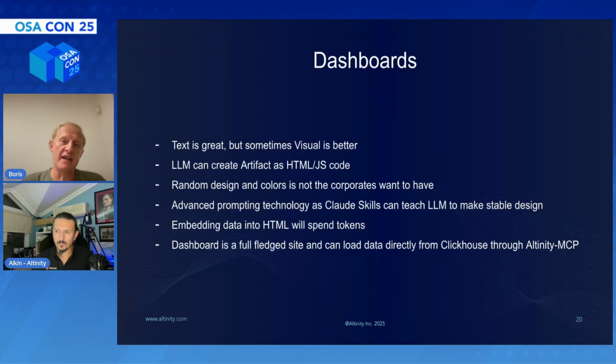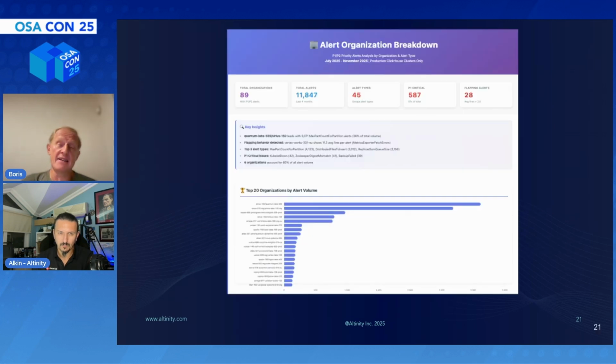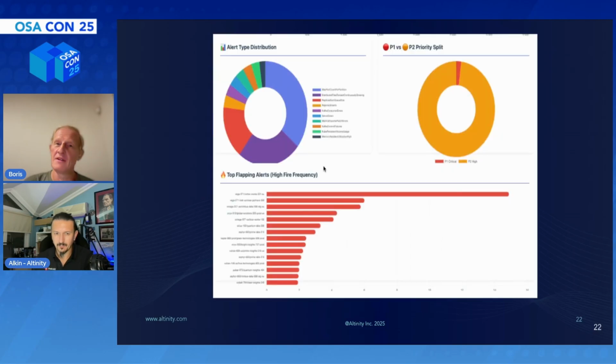Or we could write code that will load data directly from the ClickHouse server through the Altinity MCP. So those are two very useful and important approaches. Here's an example of an alert dashboard created by a model with some key insights, statistics, and graphs.